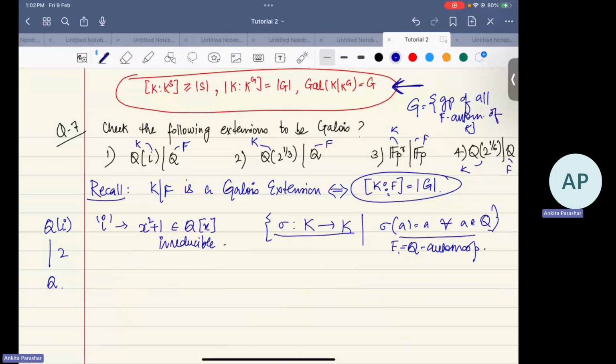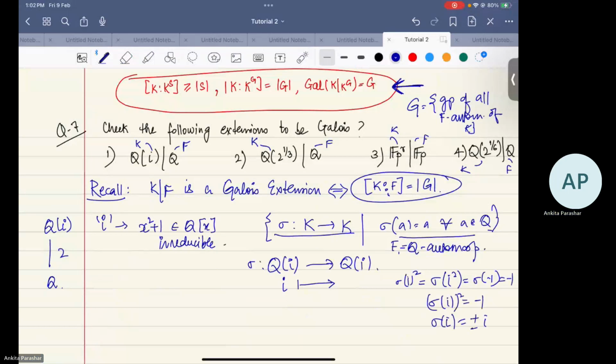Let's look at Q(i) to Q(i). How many automorphisms are there? Q is always mapped to Q. It all matters where i goes. And remember, i squared is -1. So sigma(i) whole squared is -1, so sigma(i) is i or -i.